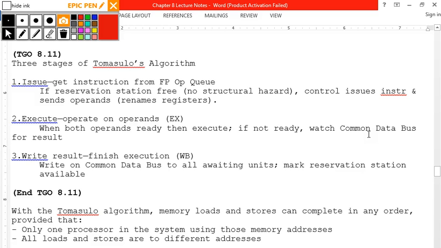The example question that we're going to go over in a second should clarify any questions.